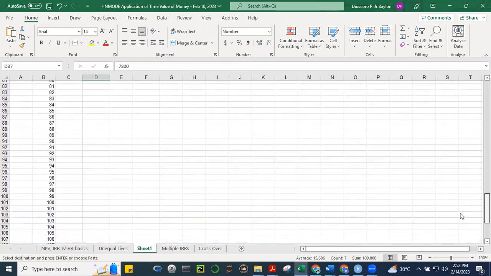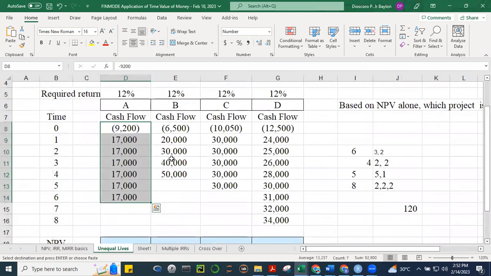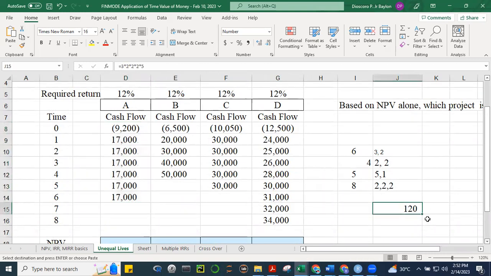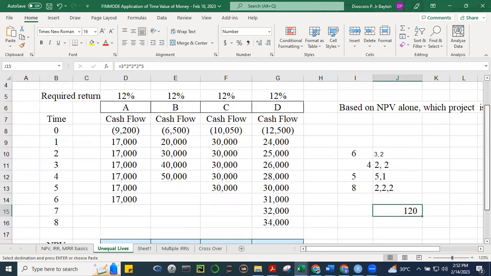Why 120? Because these cash flows should all be equal to 120. Because 120 is our least common denominator. Okay, we'll not go into that because it's tedious, and there are 4 projects, so it's difficult. So there's a shortcut for that.